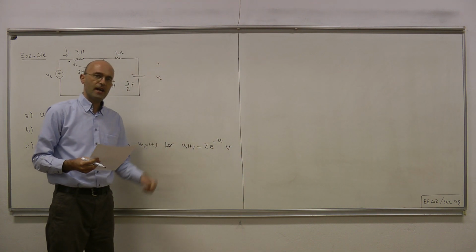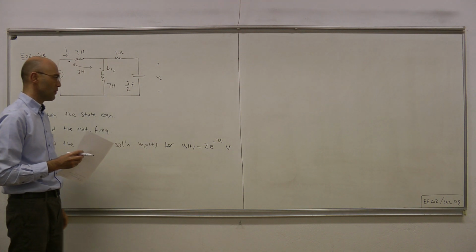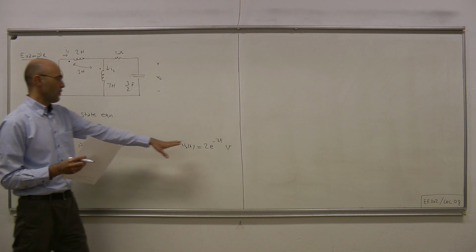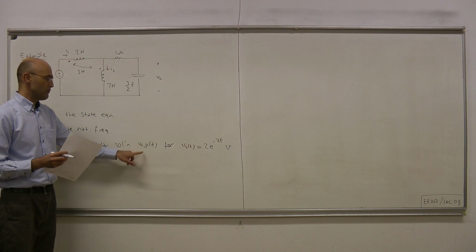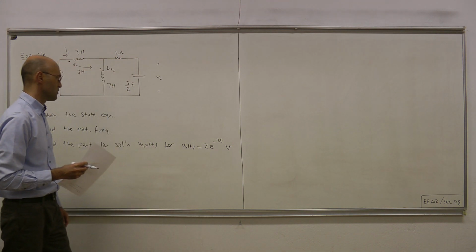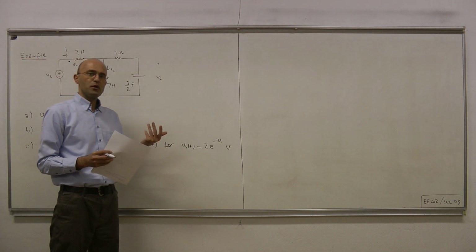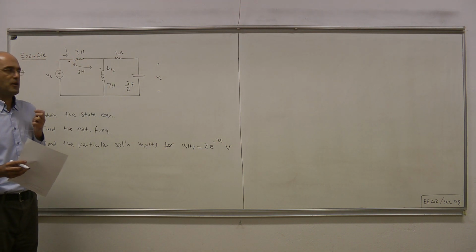So it's a decaying exponential with, so to speak, natural frequency at -3. And for this particular input, we will try to figure out the particular solution for the capacitor voltage. Note that to be able to figure out the particular solution, we don't need the initial condition information.